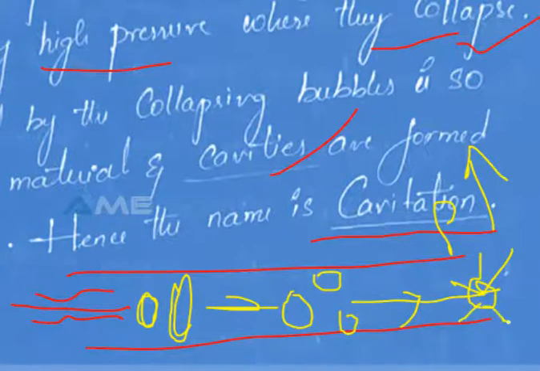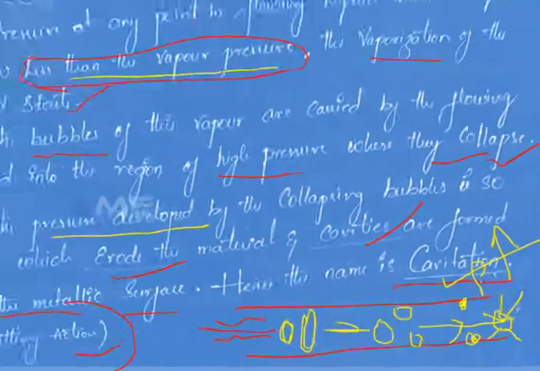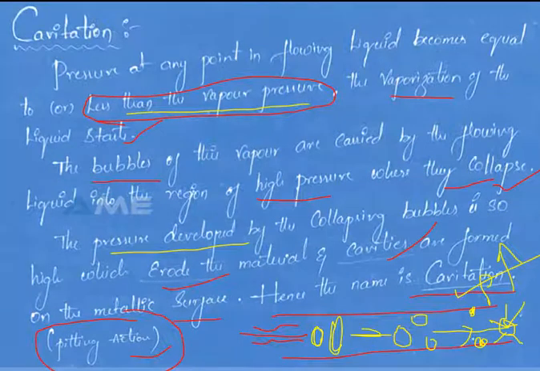Because of that, the pressure developed is high, and that pressure erodes the surface of your material and forms cavities on it. That is the concept of cavitation, and the action of eroding the material and making cavities on the surface is pitting action.